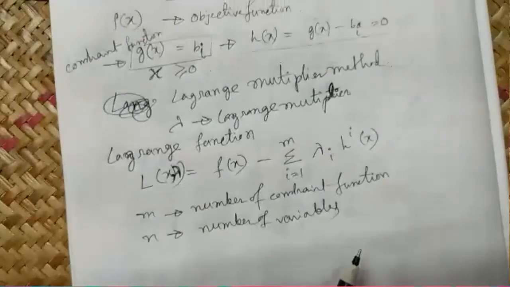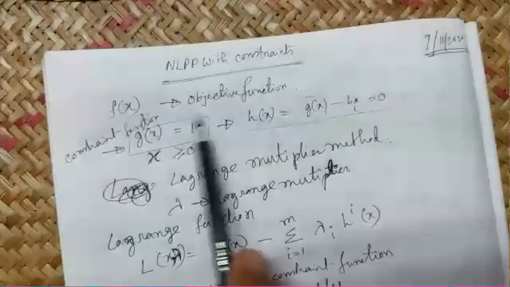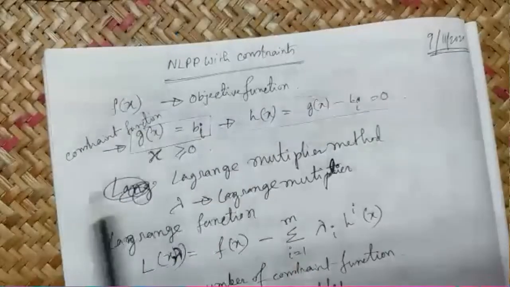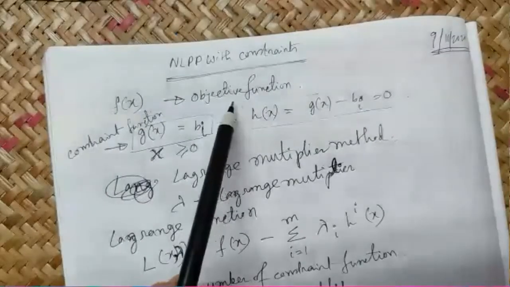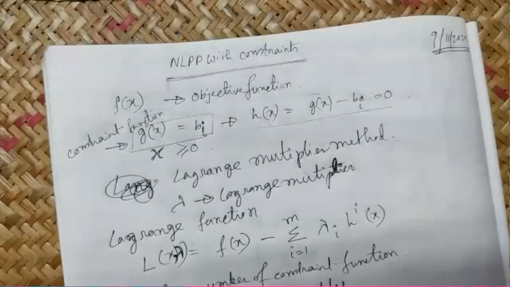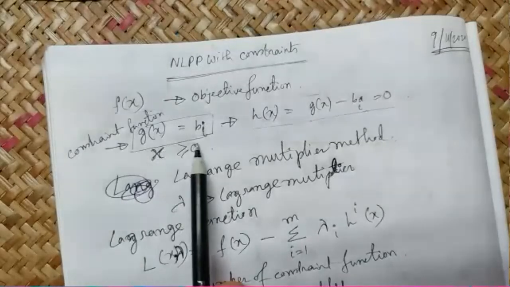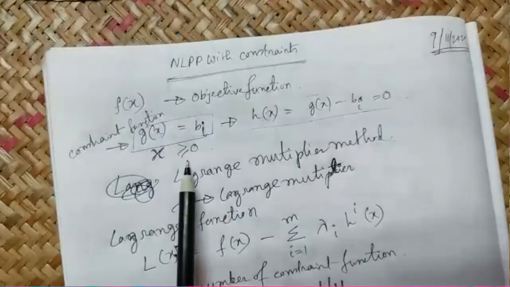So I'm giving a quick recap. There is a function which is called f(x). This f(x) is an objective function which we have to optimize, whether we have to maximize or minimize, or if it is not given what we have to do, then we have to check whether we need to maximize it or minimize it. Now g(x) equal to b_i is given as a constraint function, where x is greater than or equal to 0.